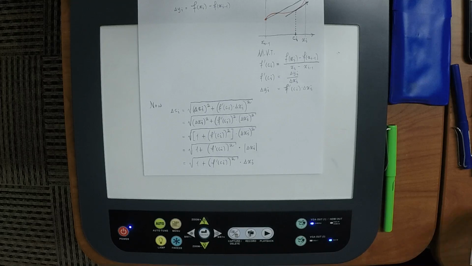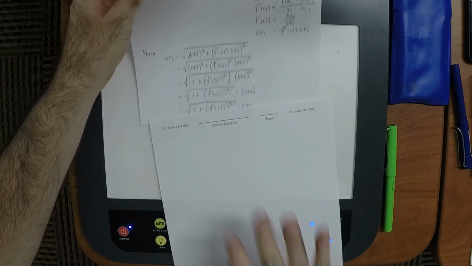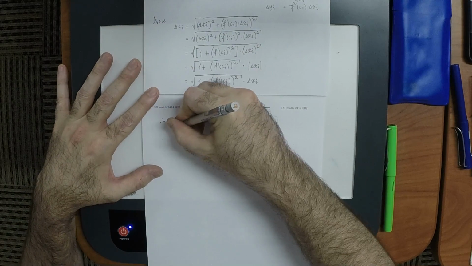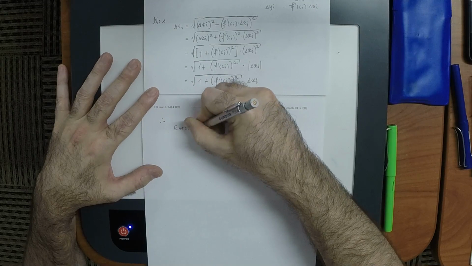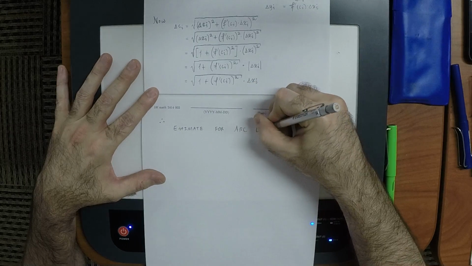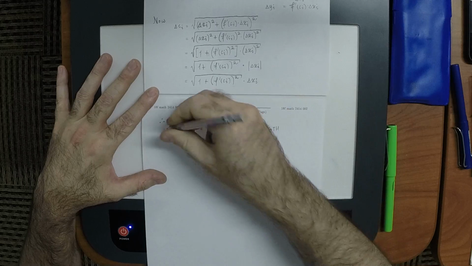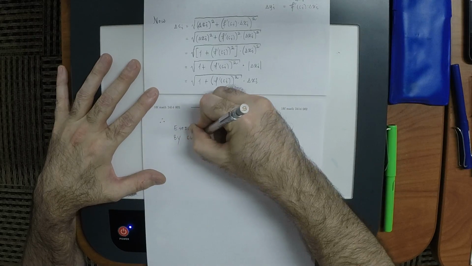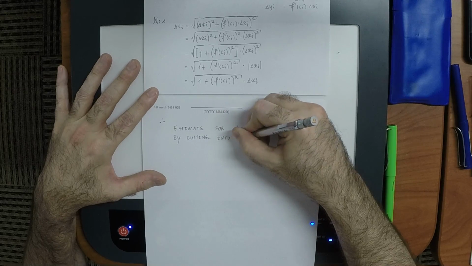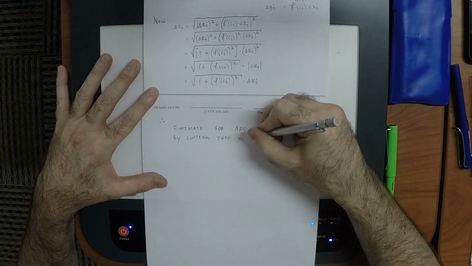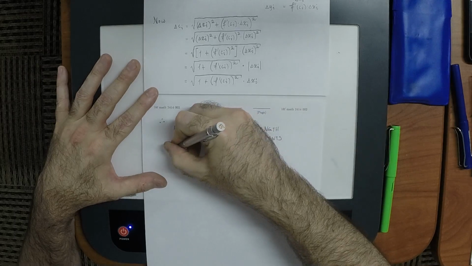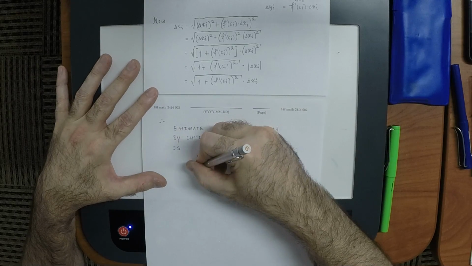So here we are. What we're saying is that our estimate for arc length, by cutting into, we'll say just n segments, n of those green pieces, is, well, you take all those lengths and add them up.